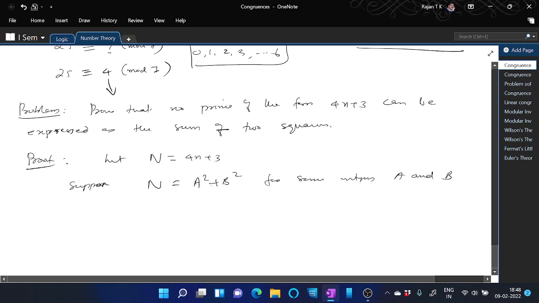For it to be odd, one of a square or b square must be odd. Both cannot be odd, only one of them is odd. So since N is odd, one of a square and b square is an odd integer.